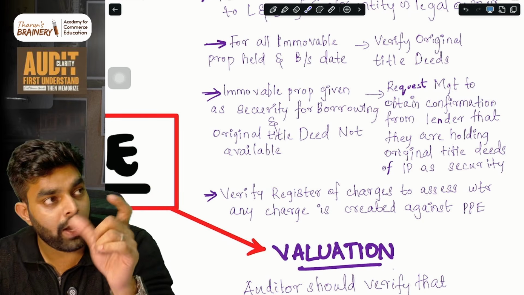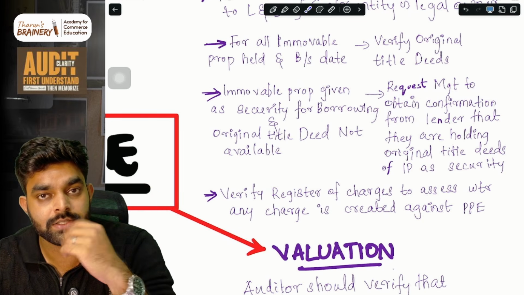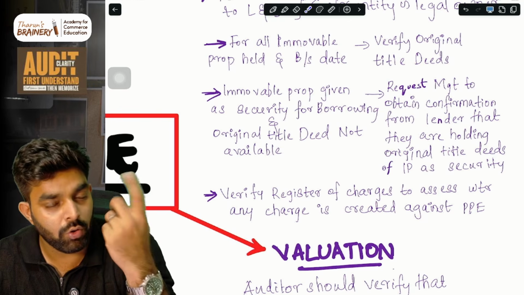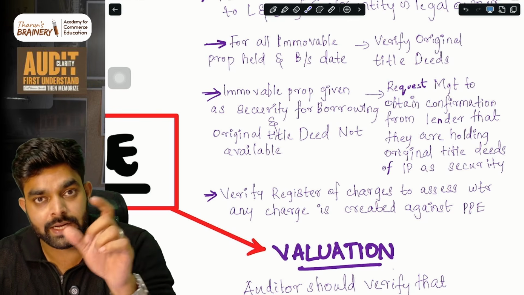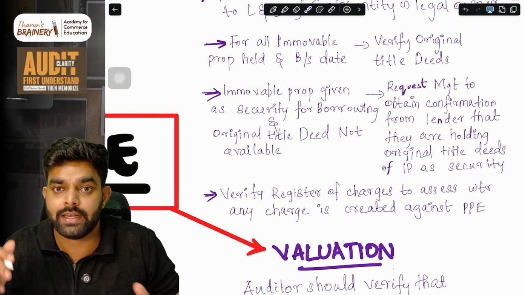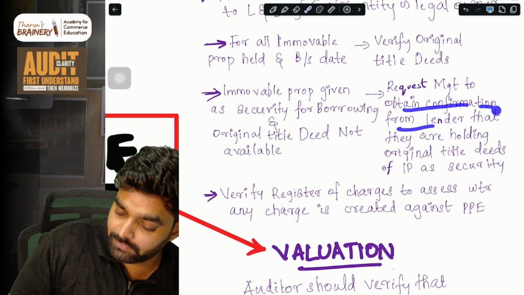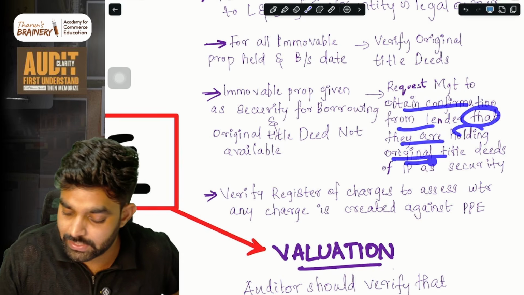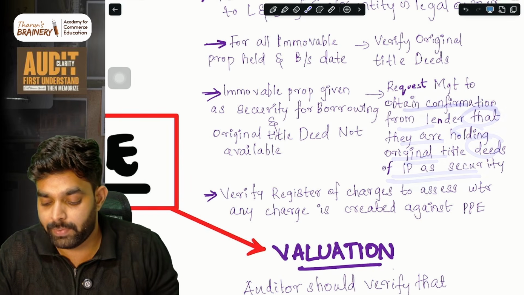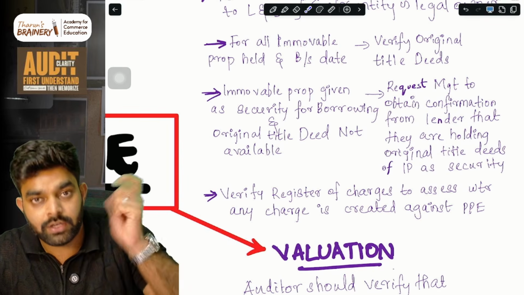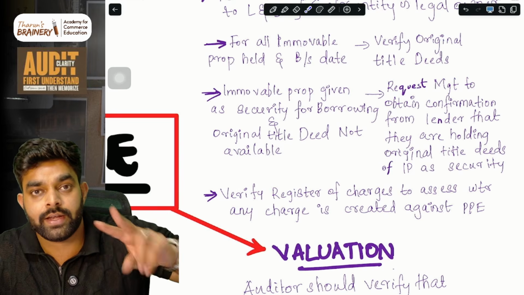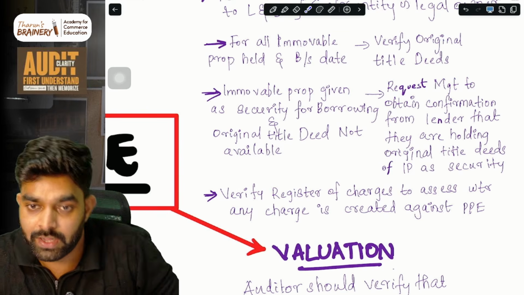Tell the manager, I need to check these 2 PPE which you have given as security, so go to the bank and obtain a confirmation from them. Ask them to write on the bank's letterhead that this property is with them. That is, obtain the confirmation from the lender that they are holding the original title deeds of the immovable property as security. Ask the bank to confirm that they have the original title deeds of these 2 properties and that it is in the name of the company itself.